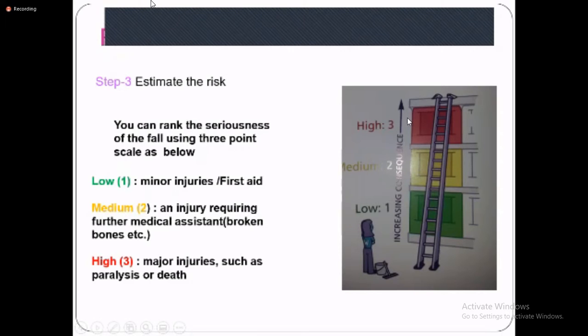If you go to the top one, it is high risk. This is low, this is high, and this is more dangerous. If you fall from there, definitely fatal injuries. If you fall from here, there will be a permanent or temporary disability.